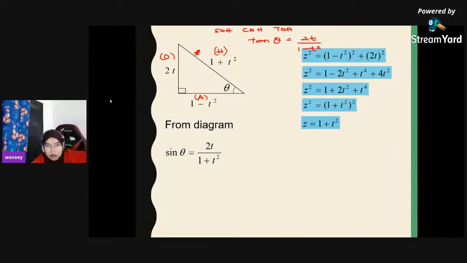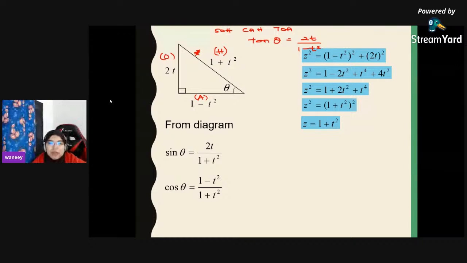Meanwhile, for the cos, cos is adjacent over hypotenuse, so it will become 1 minus t square over 1 plus t square. So we already wrote down sine theta in terms of t and cos theta in terms of t. You might be wondering, where are we going to use these? Let us go to the next example.